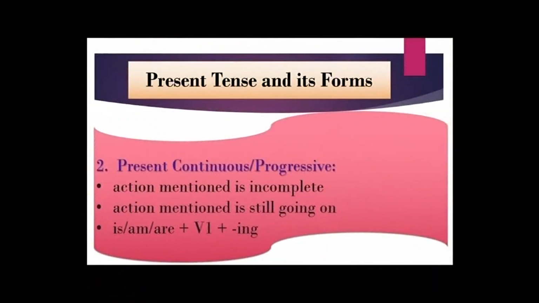It is not completed. It is going on. Like I am teaching you this time, I am teaching you. So this is present continuous because the work is going on. In these sentences we use is, am, are, one of these helping verbs according to the subject, first form of verb with ing.